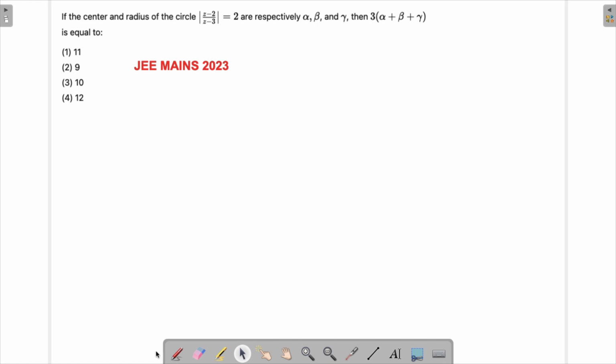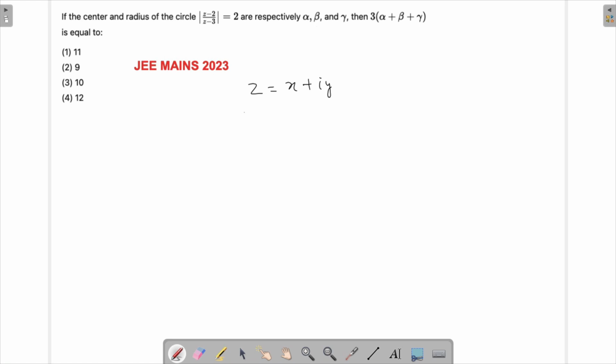Okay. So for such questions, we generally use z equals x plus iy, and then we will try to find out the equation of the circle, and using that we will try to find out the radius and the center.